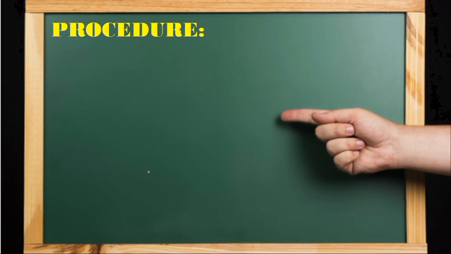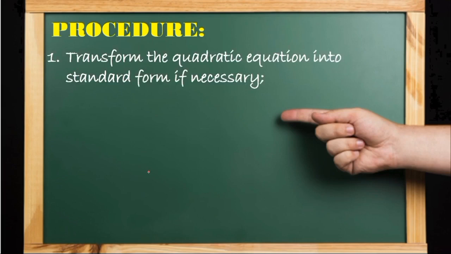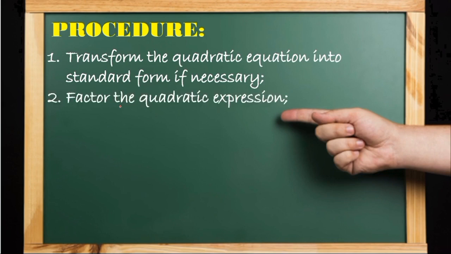1. First, transform the quadratic equation into standard form if necessary. You will only do this if it is necessary. As you can notice in the previous example, we didn't perform number 1 because the equation is already in the standard form. 2. Factor the quadratic expression, or factor the left side of the equation. 3.